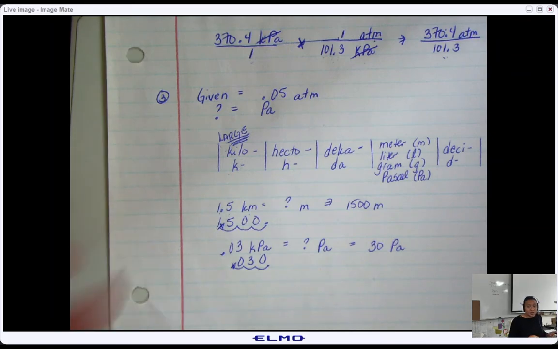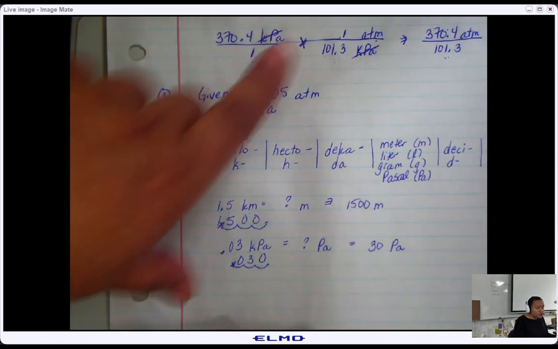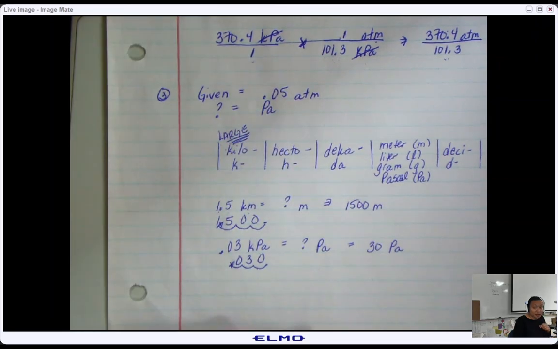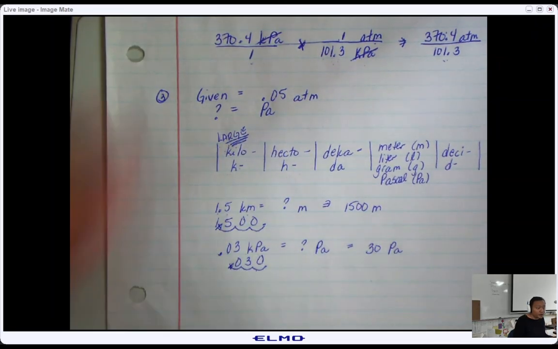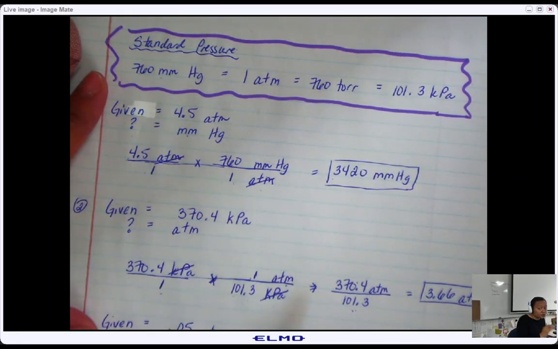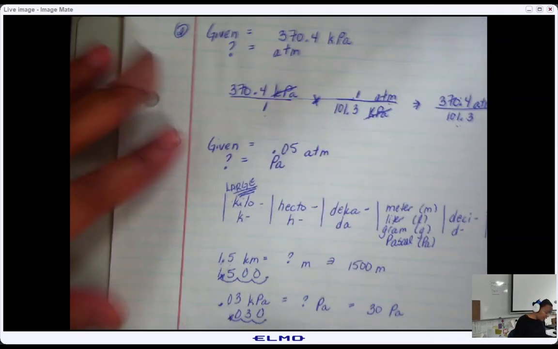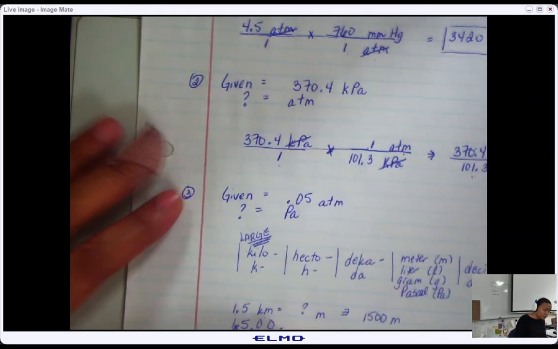Okay? So when I have a problem like this one, it says I need to convert 0.05 atmospheres to pascals. What am I going to do? I am going to use this conversion. I'm going to convert to kilopascals first, and then move the decimal to convert to pascals. All right? So we have 0.05 atmospheres. We're back to this problem.